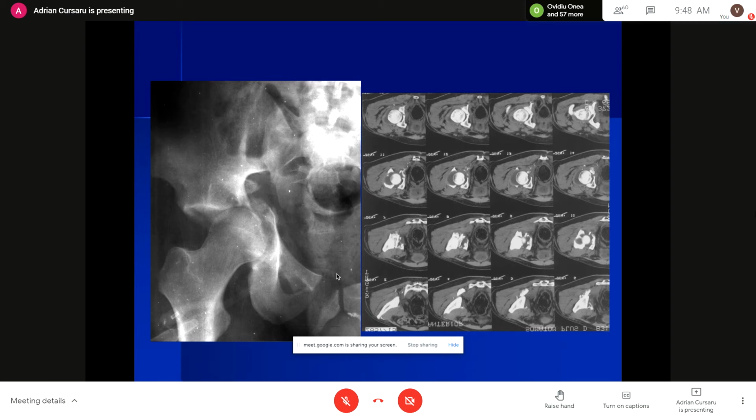It is very important to see all the types of lesions, because we have a fracture here on the acetabulum surface with bleeding that goes into the retroperitoneal space, and another fracture here that also goes into the retroperitoneal space. It is very important to establish all the abnormal signs of all the lesions, because you have a big hemorrhage in that kind of lesions.